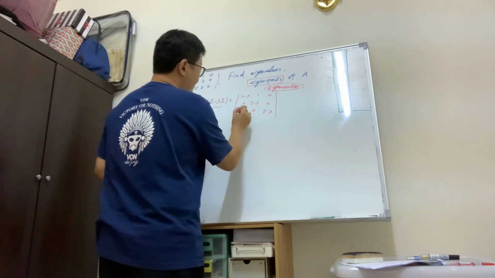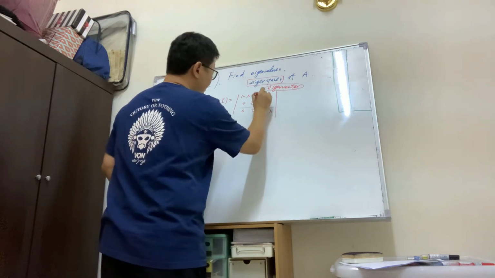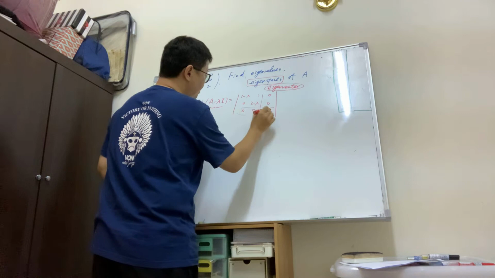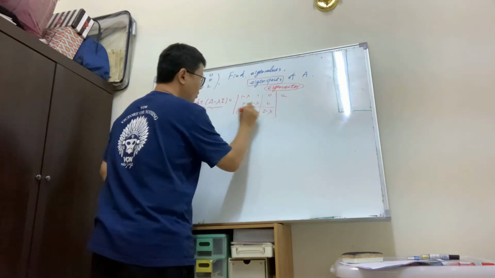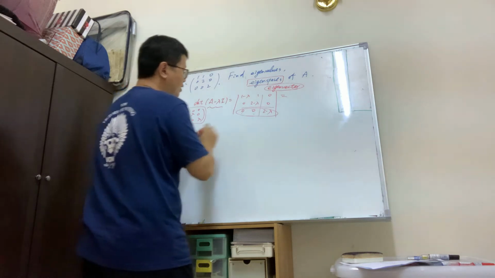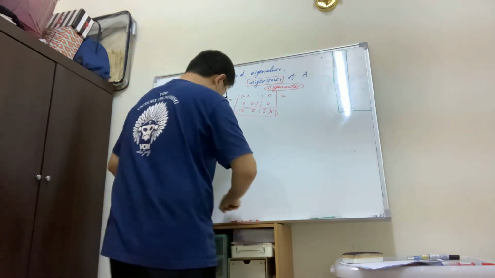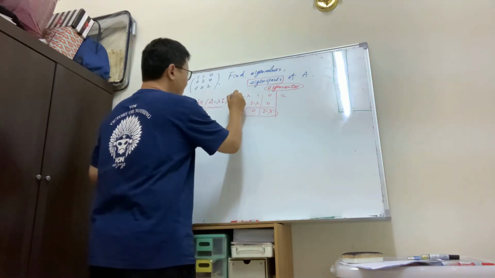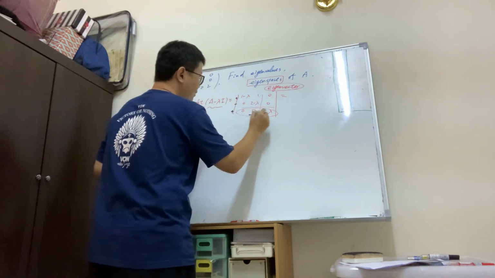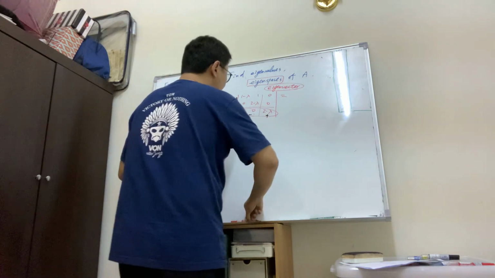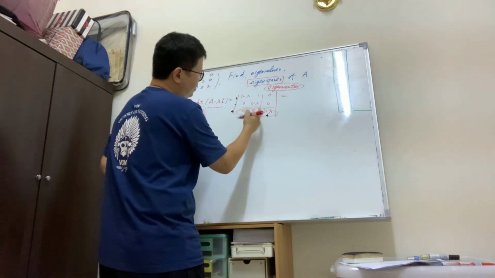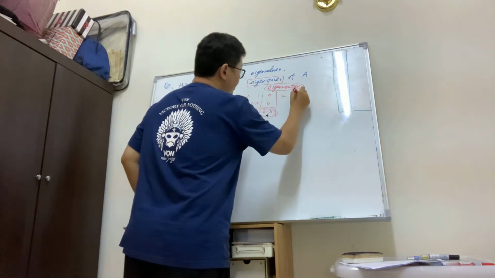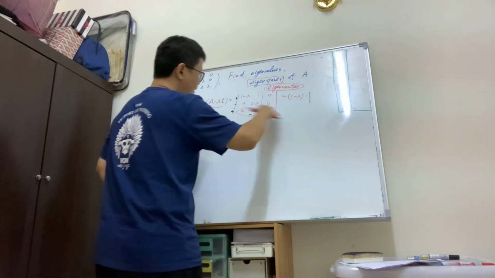For this case, you could see that in the third row it's 0, 0, so we could expand along this row, with signs positive, negative, positive. So it's 0 times 0 0, and we just need to focus on the last entry: 2 minus lambda times the determinant after deleting this row and this column.